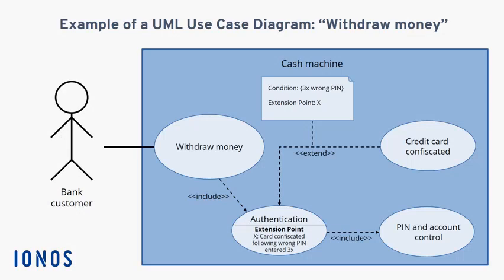So he knows that, first, to withdraw the money, there has to be authentication. There has to be a form of validation, which is the PIN and account control. The more you work with scenarios and use cases, you're able to gather concise and precise steps involved to use the system. So it allows the developer to narrow down and simplify the usage or the design of the system.